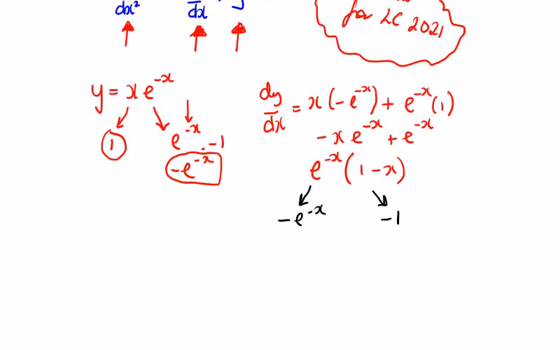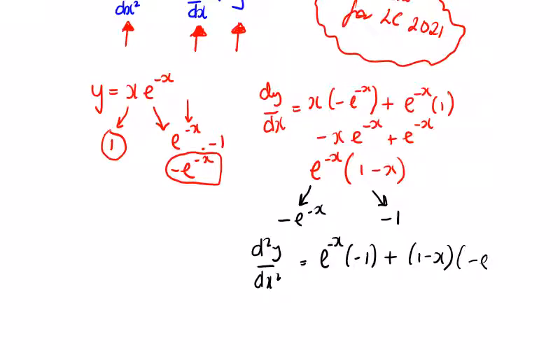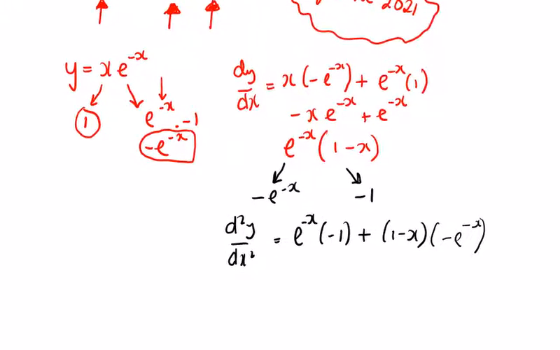So d2y dx2 is equal to the first, e to the power minus x, by the second differentiated, which is minus 1, plus the second, which is 1 minus x, by the first differentiated, which is minus e to the minus x. Okay, let's tidy it up.